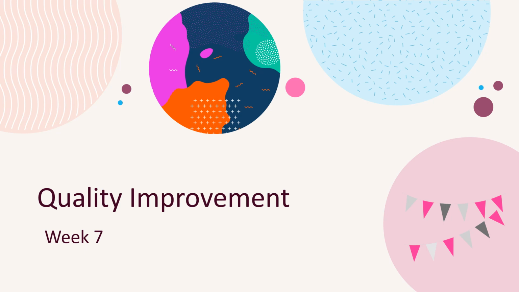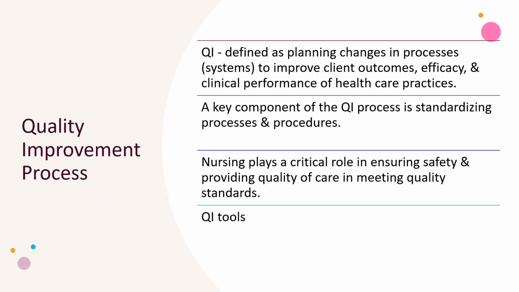Quality improvement. The quality improvement method is to identify and correct problems to improve outcomes by decreasing any chance of error, standardizing processes, and utilizing data-driven decision-making.